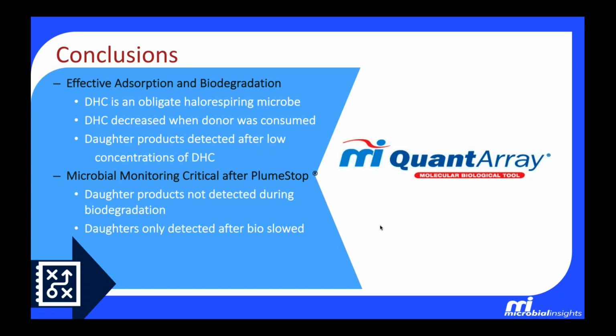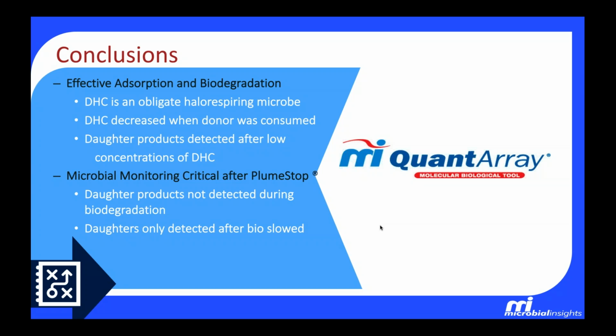Eventually, vinyl chloride was detected at very low concentrations, providing evidence that there was sequential reductive dechlorination happening. But it's important to remember that vinyl chloride was only detected when Dehalococoides concentrations decreased due to that limited donor availability. So if there had been additional electron donor or a second injection, we likely would never have seen vinyl chloride detected at all, which leads me to my next point.